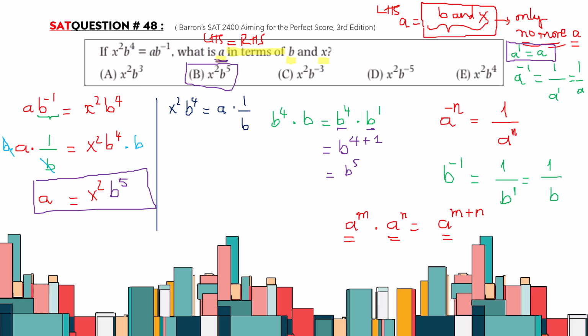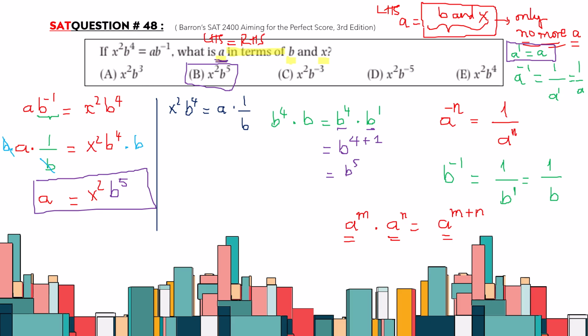I usually like to put what they ask on the left hand side, since it looks more logical to me: I answer a question with a equals something, not something equals a. It's a different point of view, but it's the same answer anyway.